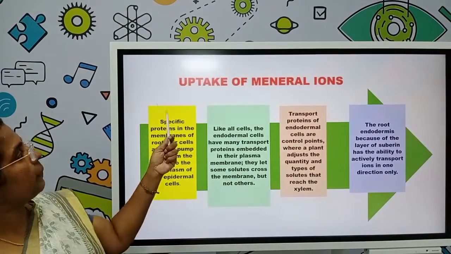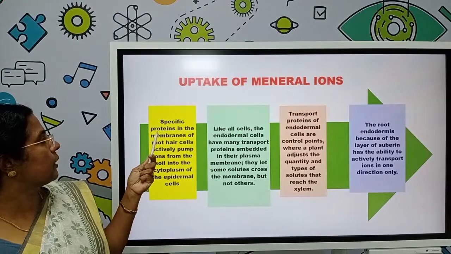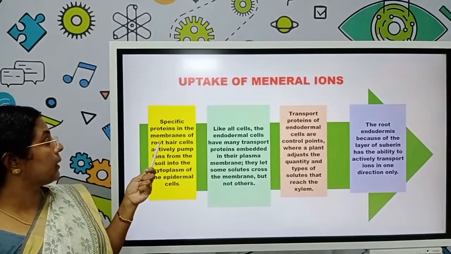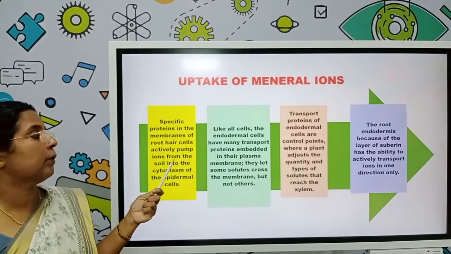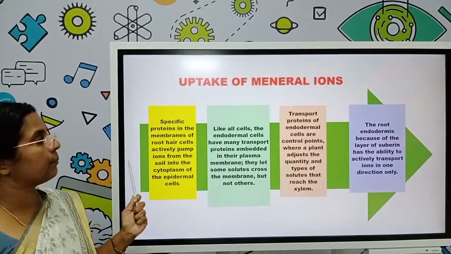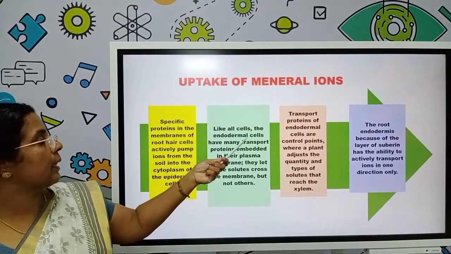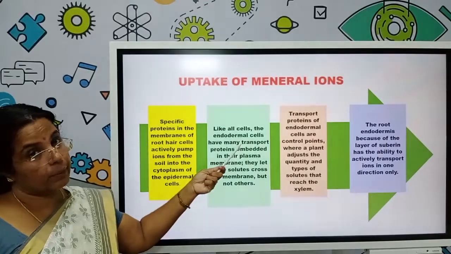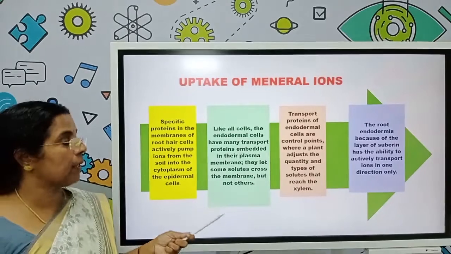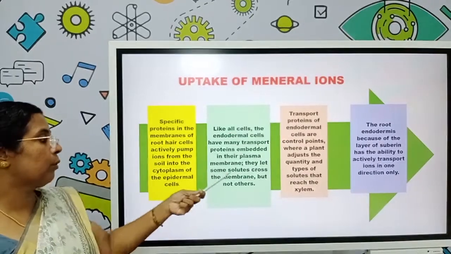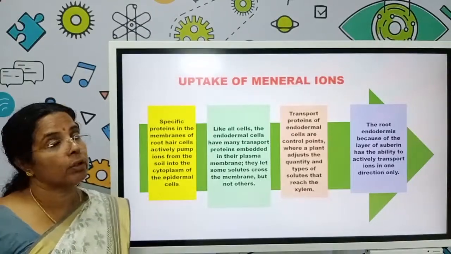So uptake of mineral ions is shown here. There are specific proteins in the membranes of root hair cells that actively pump the ions from the soil to the cytoplasm. The endodermal cells have many transport proteins embedded in their plasma membrane. They let some solutes cross the membrane but not others.